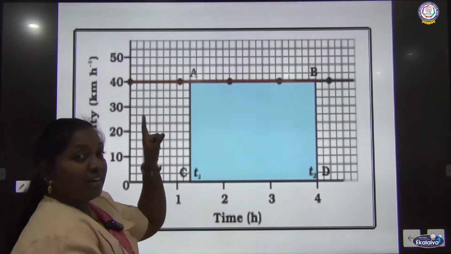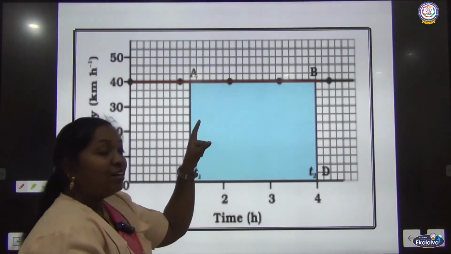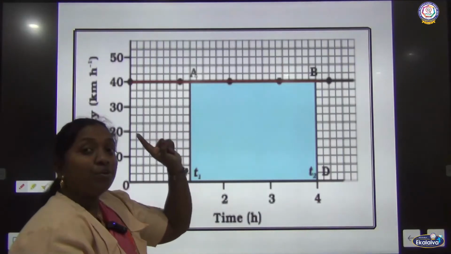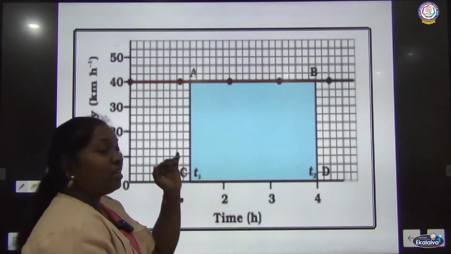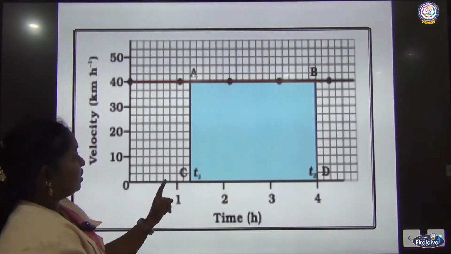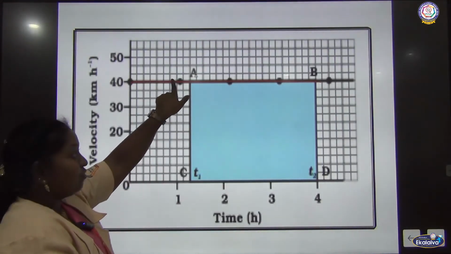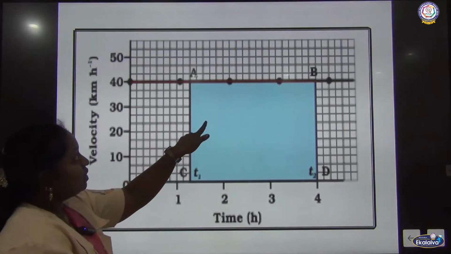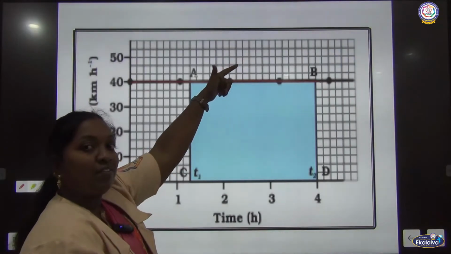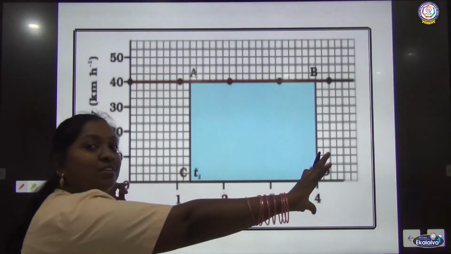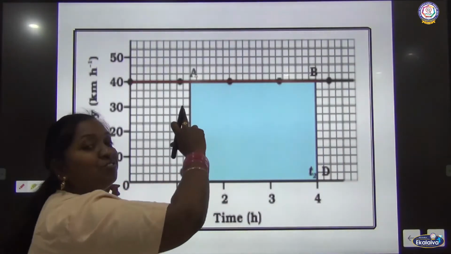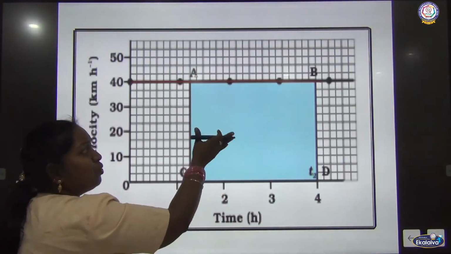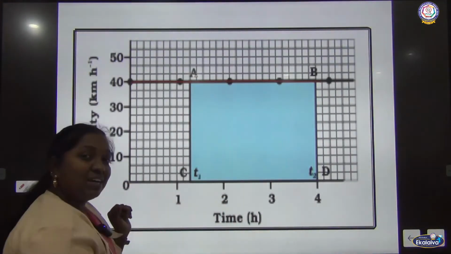A car is moving with a uniform velocity. With the time it did not change. First 1 hour it is not 140, second 1 hour it is not 30, it is not rising or falling, it is maintaining the same velocity, so we got a straight line. This straight line is parallel to the time axis.